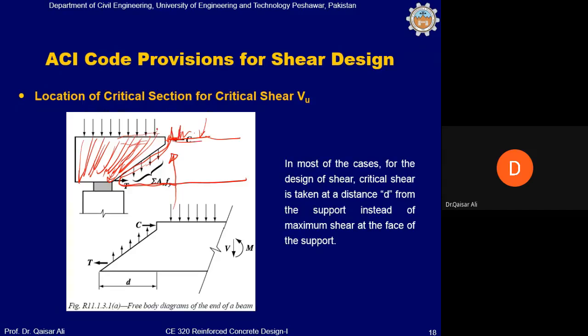So there is no need of taking the maximum shear which is at the support. We can take the shear which will come from this load at a distance of d from the face of the support. ACI code allows that if there is a shear force diagram like this, there is no need to take maximum shear, but for design purposes take the shear force value at a distance of d from the face of the support.